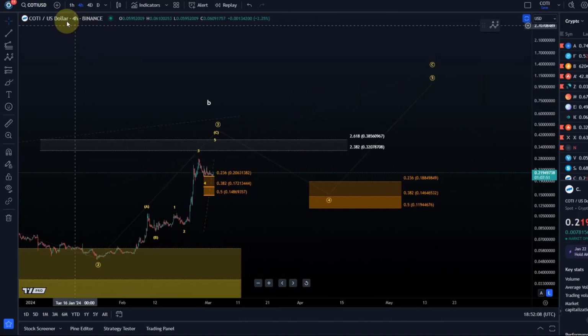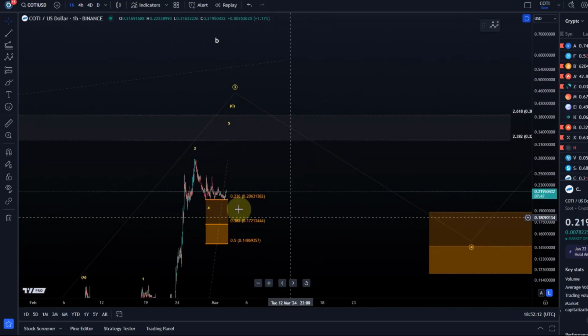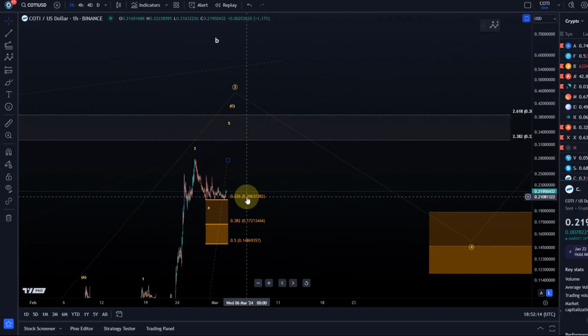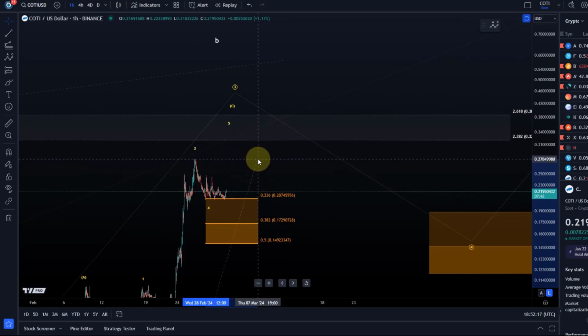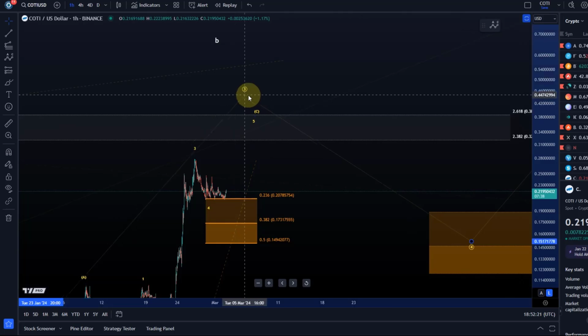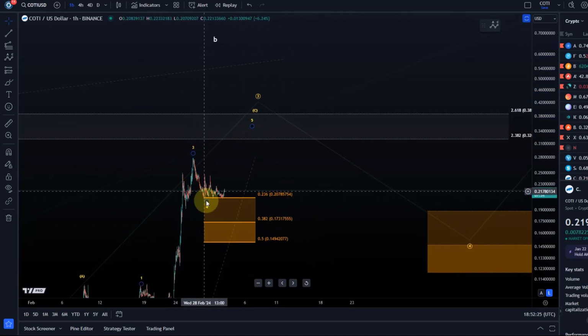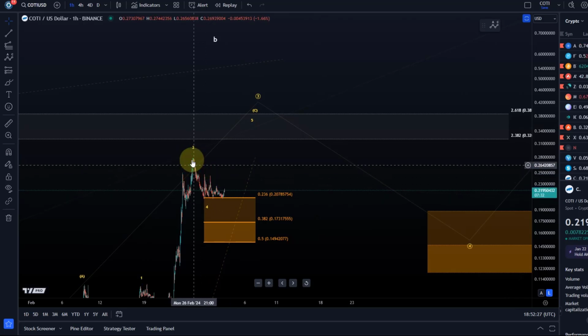Looking at the microstructure, it's technically possible that this wave 4 is over, but I would prefer actually that it extends a little bit. Let me explain that. What's happened here? I'm not sure if that is all of wave 4.